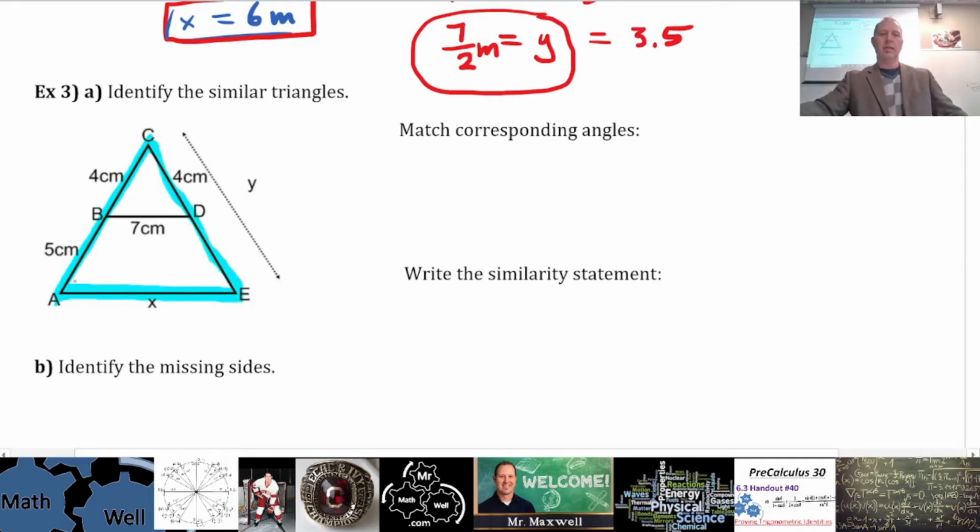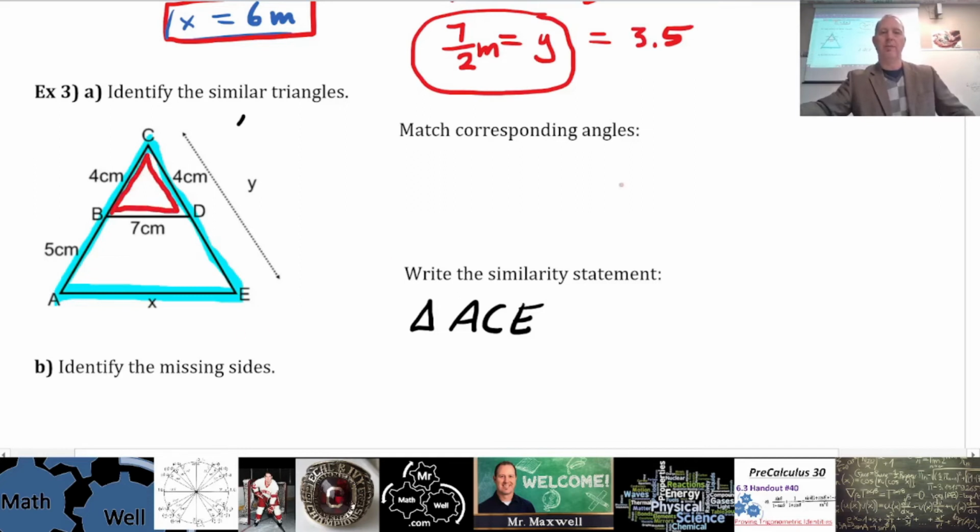This one is ACE. So here, write the similarity statement. Triangle ACE, that's the large triangle on the outside, is similar to this triangle that's embedded inside of it, the smaller one.